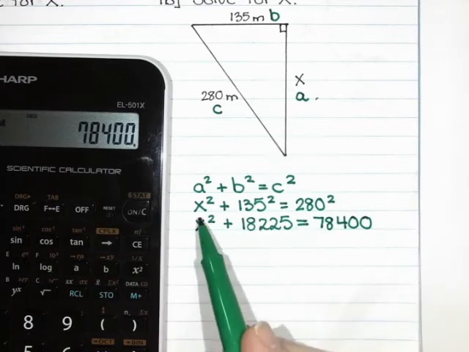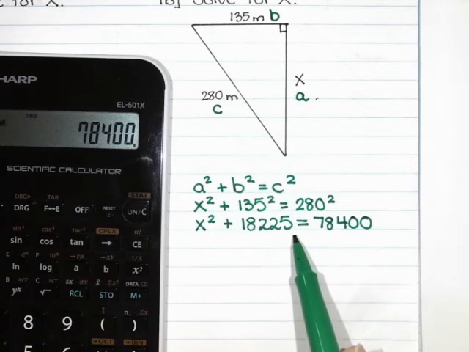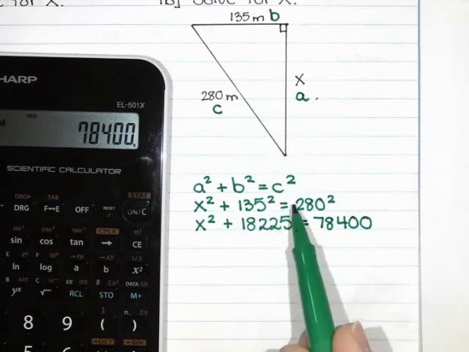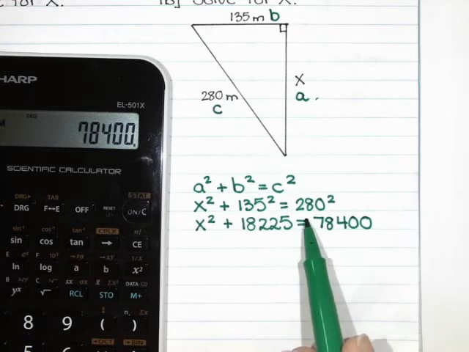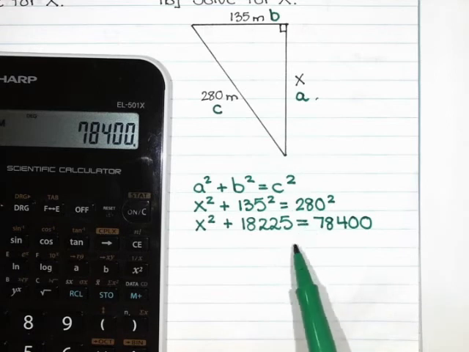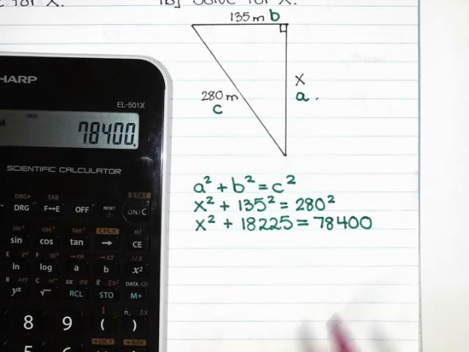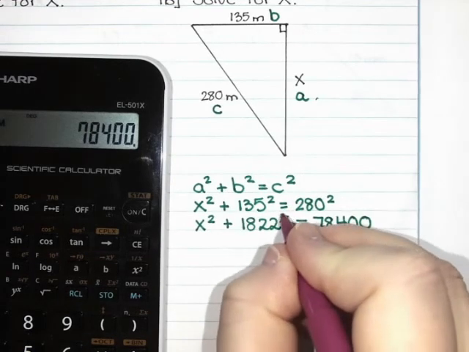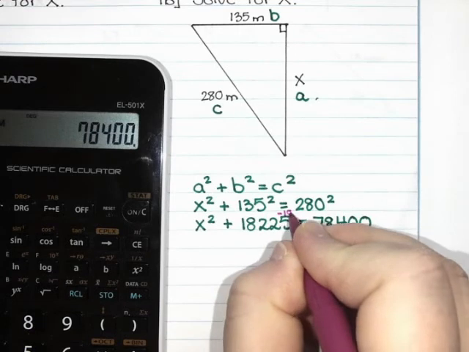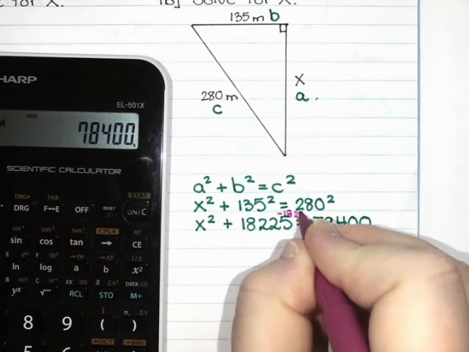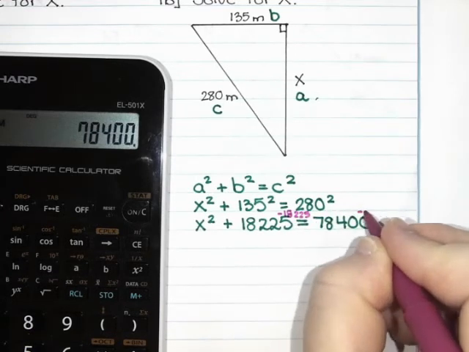So what I need to do is try to get x squared by itself by moving that 18,225 to the other side. That's because there's an equal sign between these. That's how I know that's what I need to do. So I am going to do the opposite of adding, which is subtracting 18,225, and I do that to both sides.